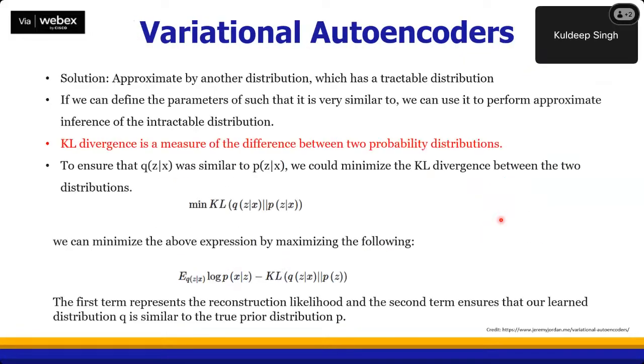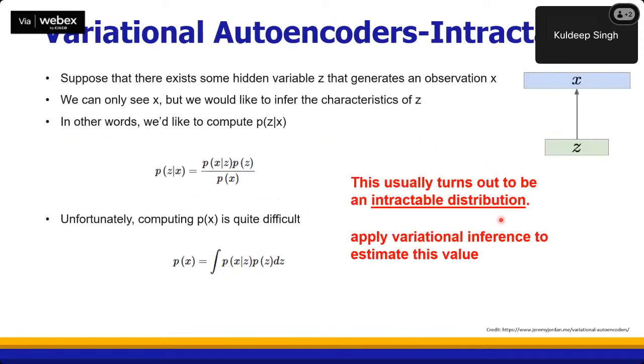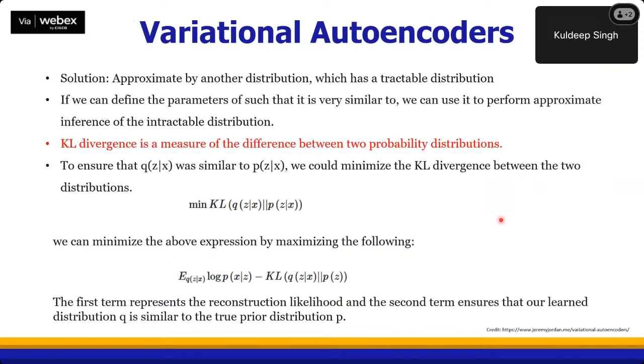And now, what is the solution to it? What solution can we have, since this is an intractable distribution? So yes, there is a solution. We can apply variational inference to solve this problem. So what does it mean? We can approximate this intractable distribution by another distribution which is tractable.